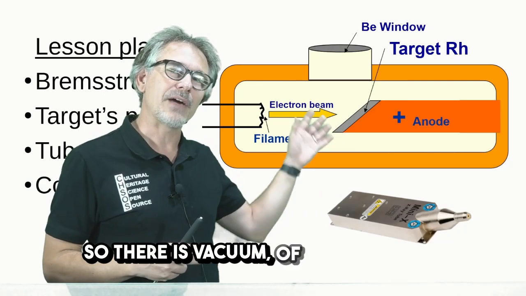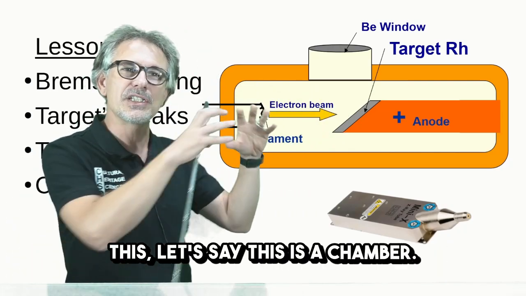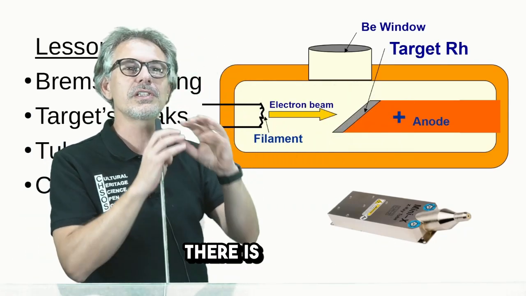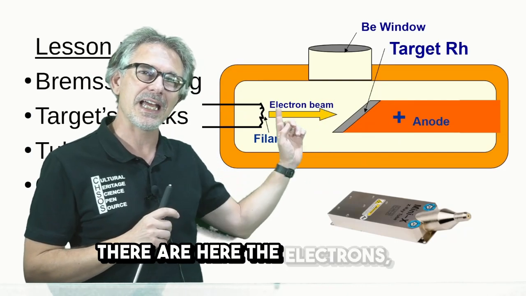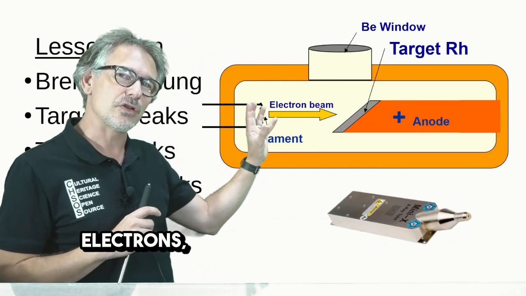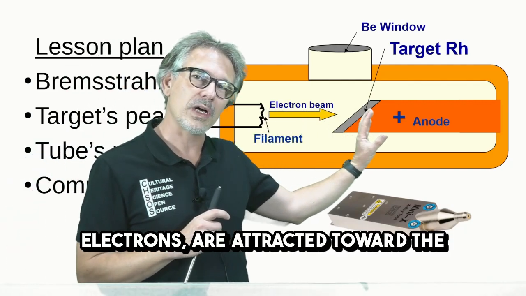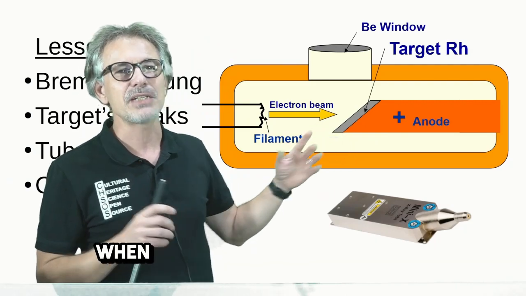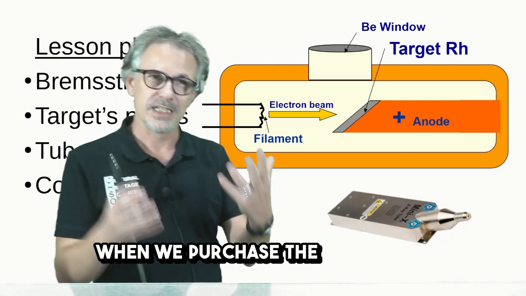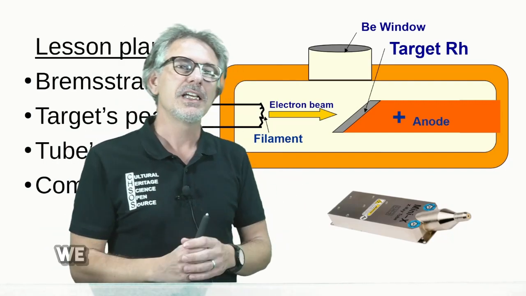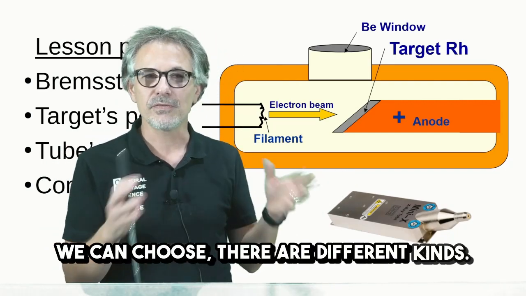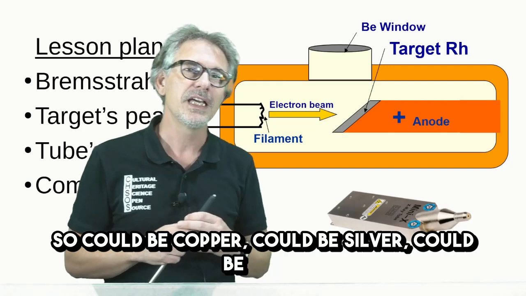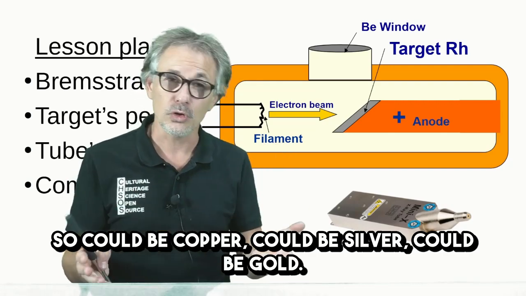There is a vacuum, of course, inside this chamber, so there will be glass all around it. So it's closed, there is vacuum, there are here the electrons. The electrons are attracted toward the anode. Then over here there is a material that when we purchase the X-ray tube, we can choose. There are different kinds, so could be copper, could be silver, could be gold.